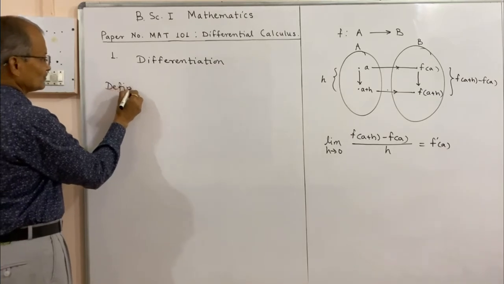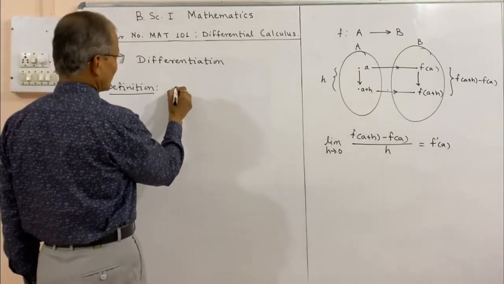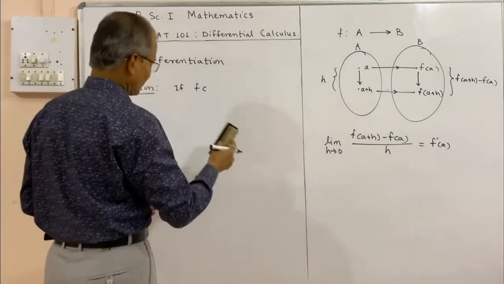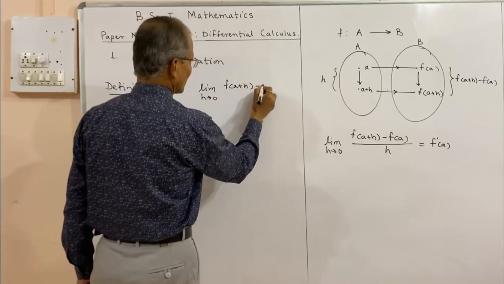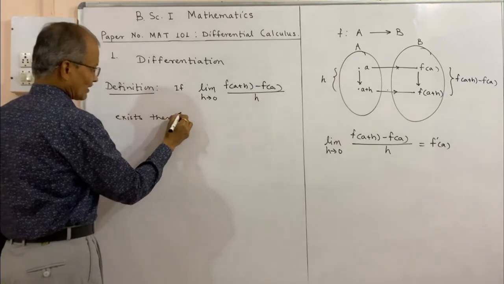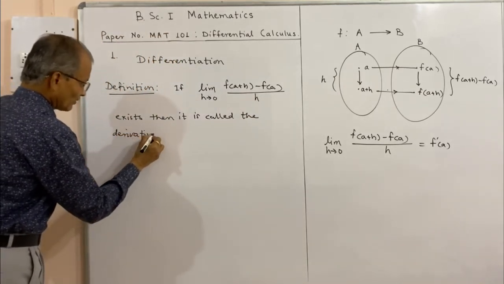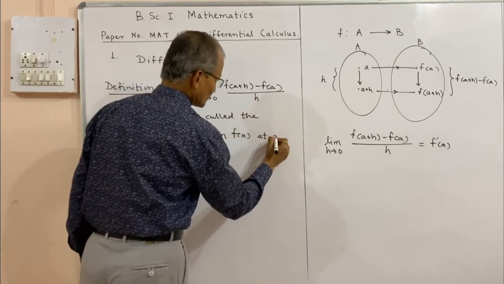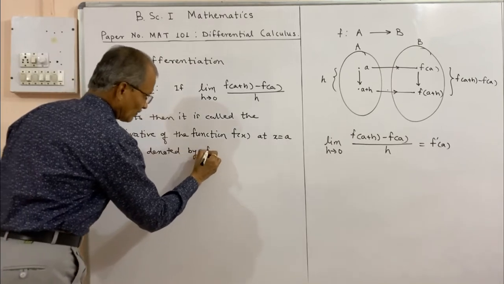Definition of derivative. Let f of x be a function. If the limit as h tends to 0 of f of a plus h minus f of a, divided by h, exists, then it is called the derivative of the function f of x at x is equal to a, and is denoted by f dash of a.